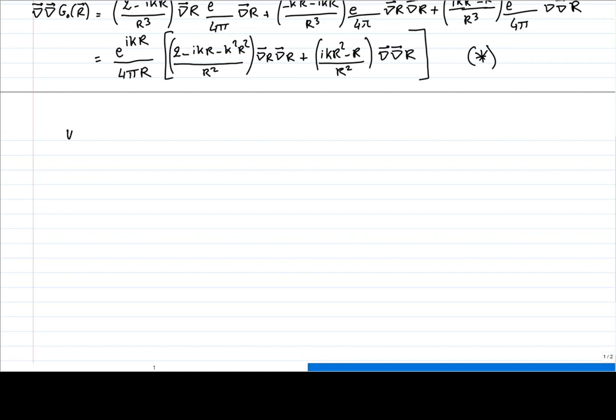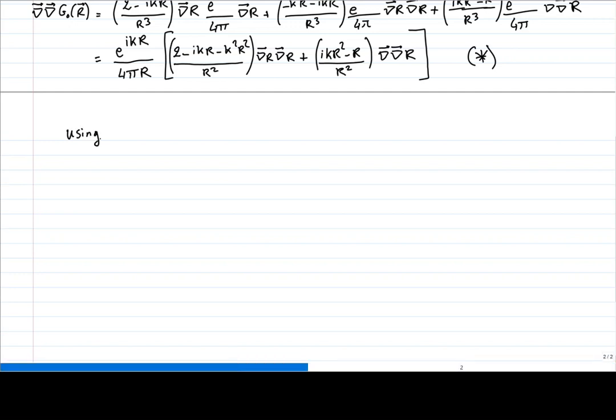We're going to be using two relations that you can find demonstrated in any mathematical physics textbooks, where the gradient of r is equal to r over its norm. And the second expression we need is the gradient of the gradient of r.